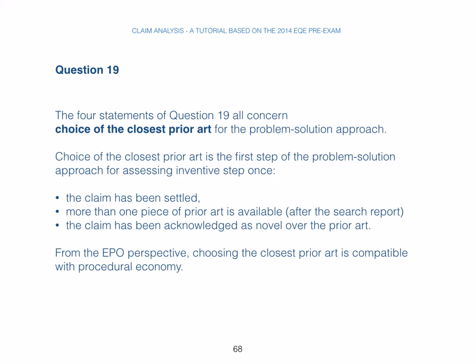Question 19 now concerns choice of the closest prior art, which is the first step of the problem and solution approach to assess inventive step. We can assess all of the statements separately. So the four statements of question 19 all concern choice of the closest prior art.